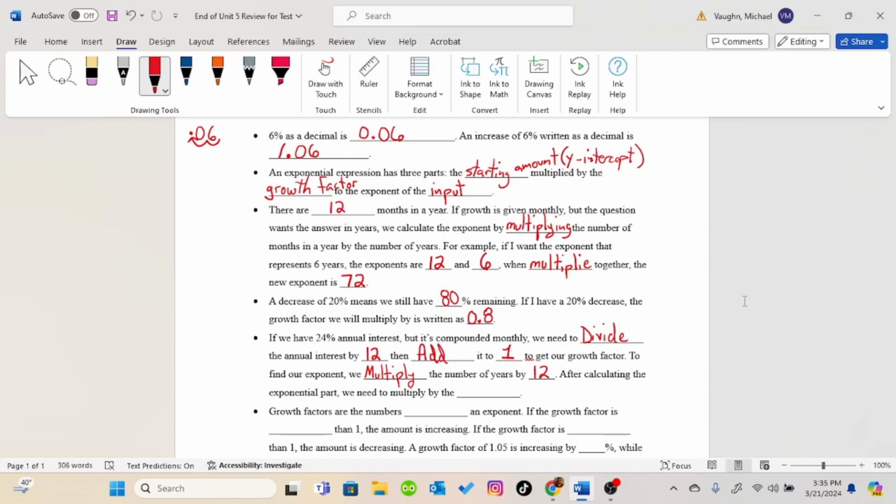After you calculate this exponential part, we need to multiply this by the starting amount, also known as the y-intercept.